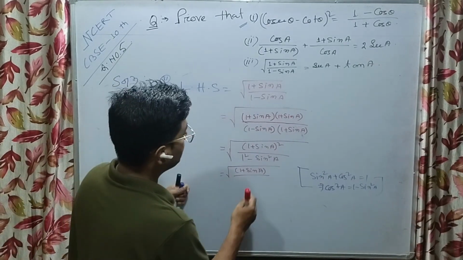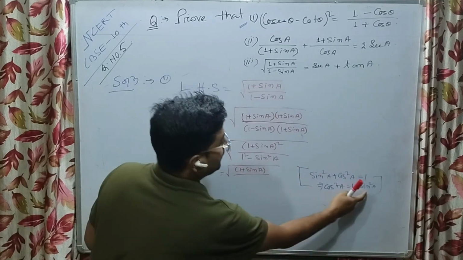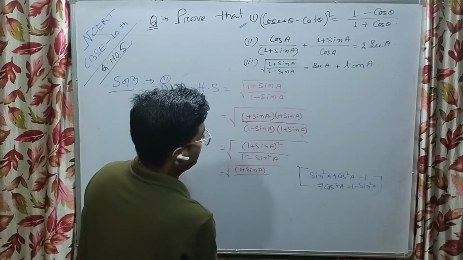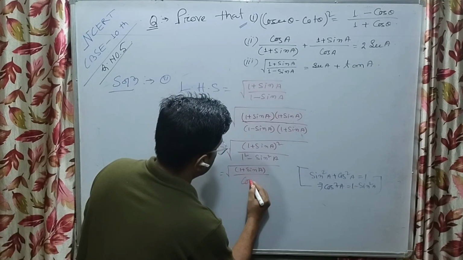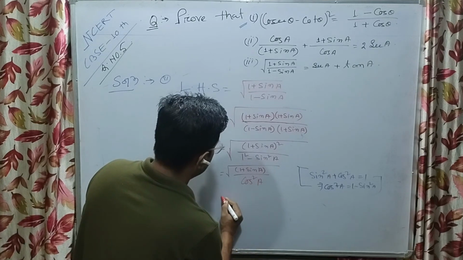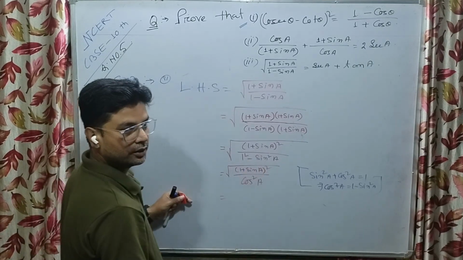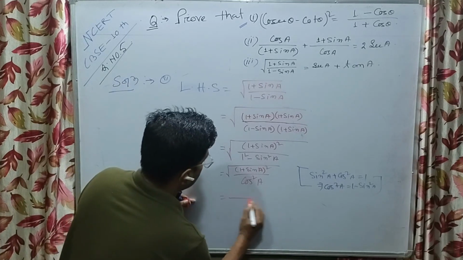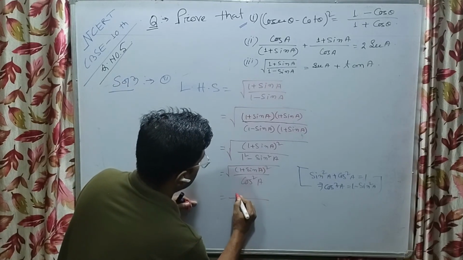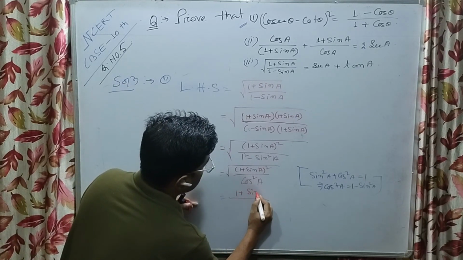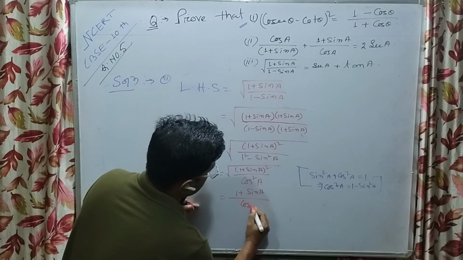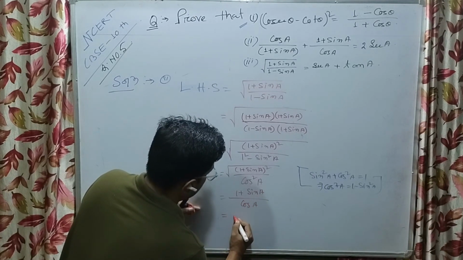Therefore, in place of 1 minus sin square A you can write cos square A. Now taking the square root of numerator and denominator, it will be 1 plus sin A by cos A.